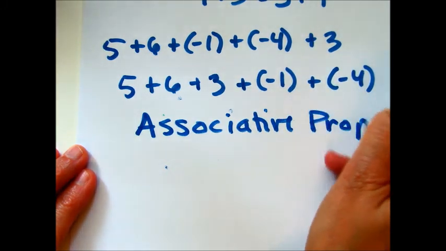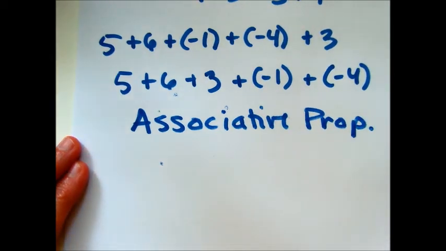And again, if you don't remember what that is, you can use associative property for addition or multiplication. And that basically means that you can change the grouping symbols if all of the operations are addition or all the operations are multiplication, and then the result will not change.